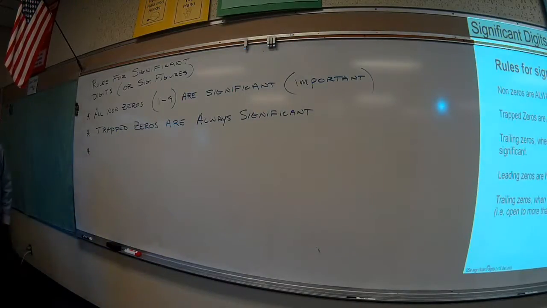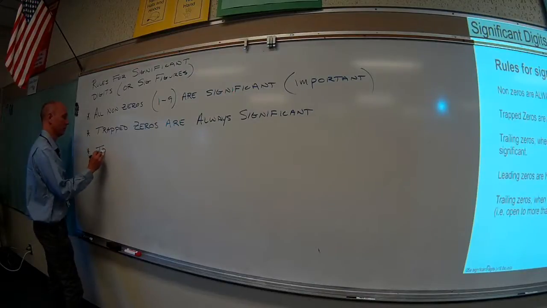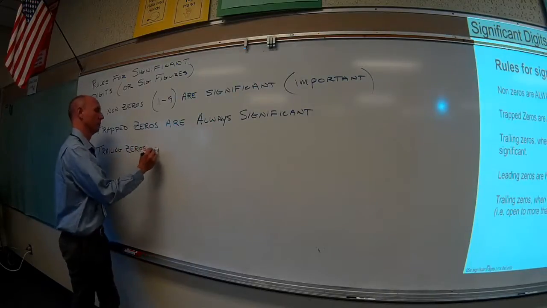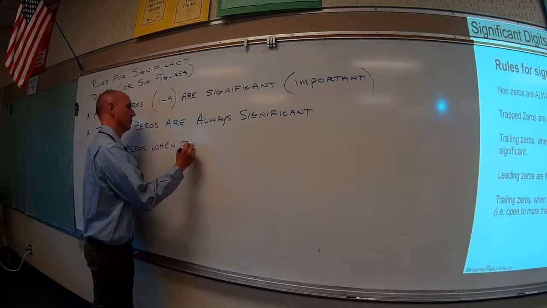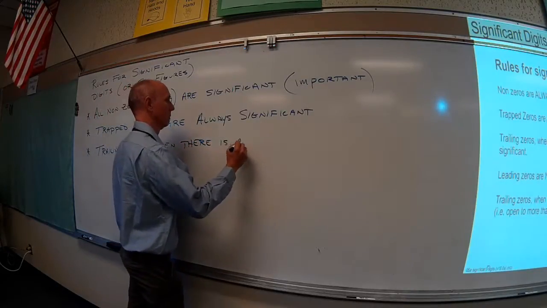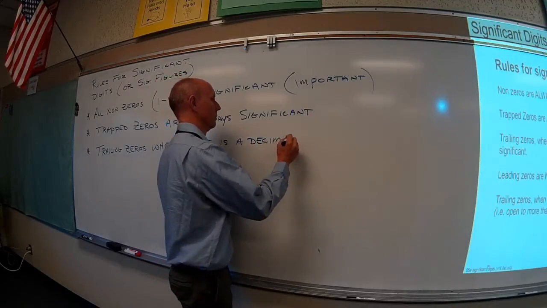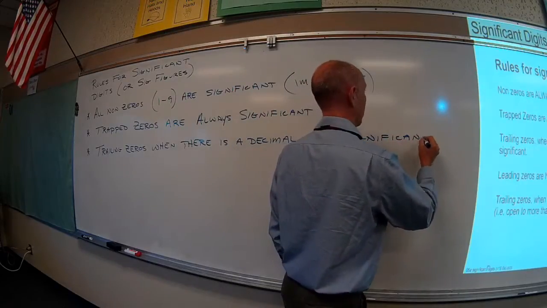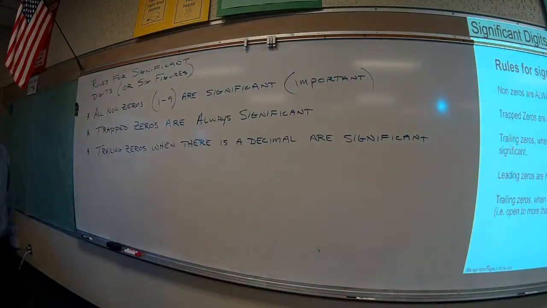Trailing zeros when there is a decimal are always significant. Leading zeros are never significant.